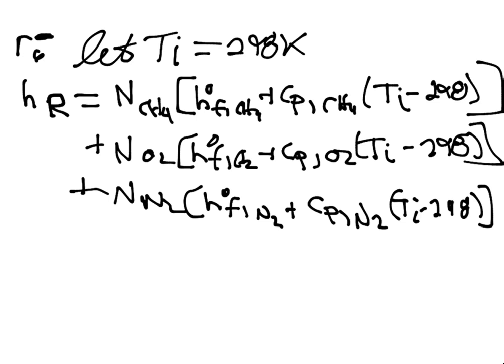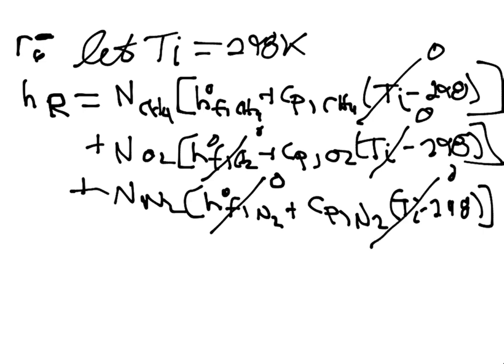And then we're going to do the same thing for our O2 and our N2 on the reactant side. All right, so if we remember from the table, our heat of formation is 0 for O2 and N2, and since our T_i is 298, this is going to go to 0 as well.